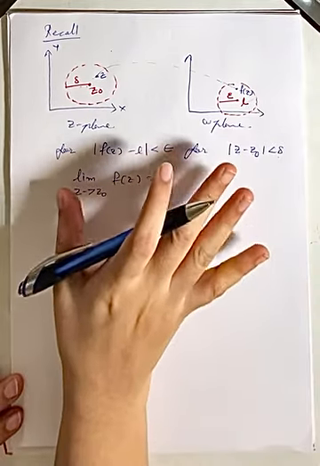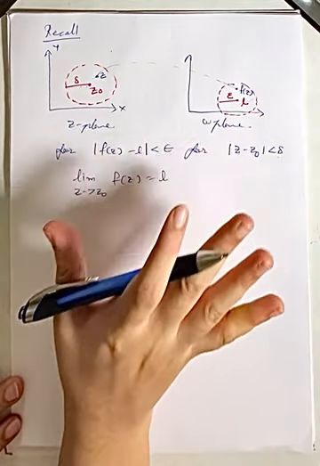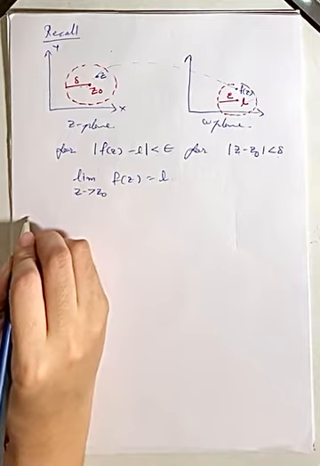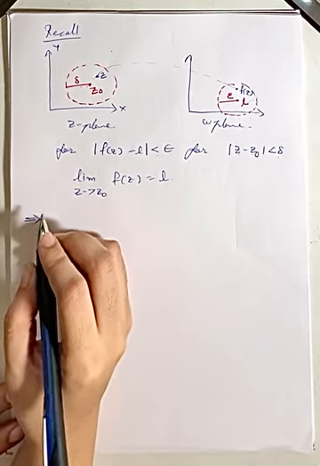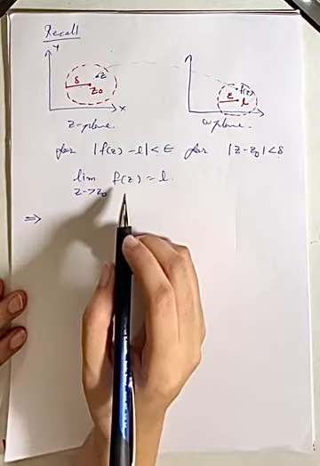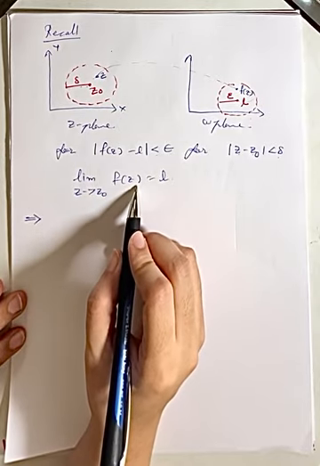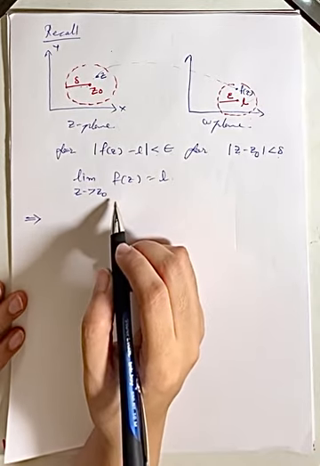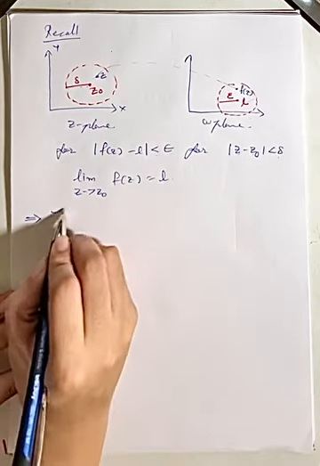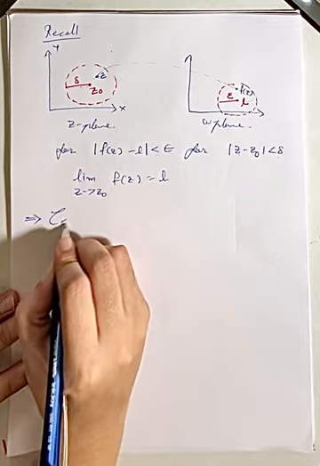So this was just the recall of what we studied last time. Now we will move one step ahead, and that is the continuity of f of z. Once we have defined the limit for f of z, now we will see whether f of z is continuous or not.